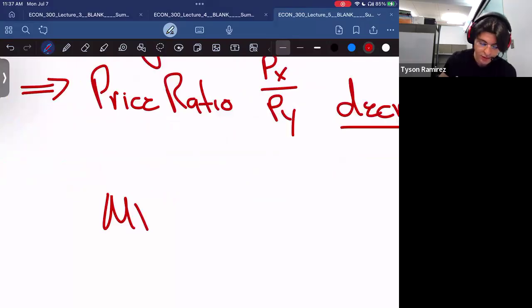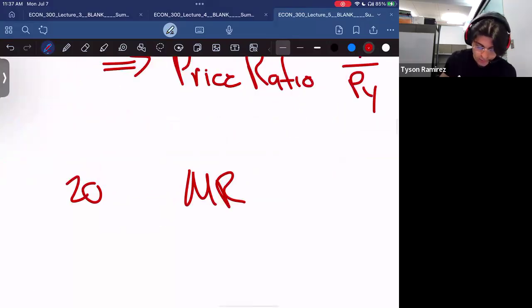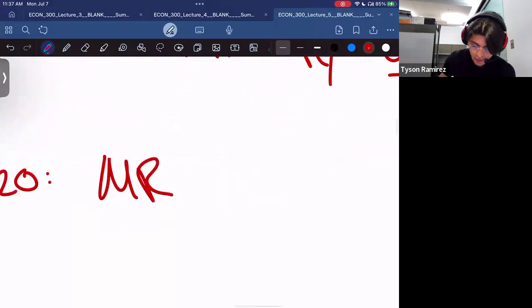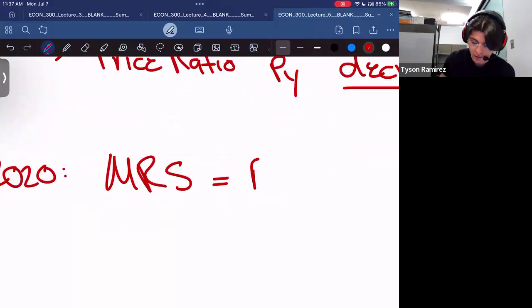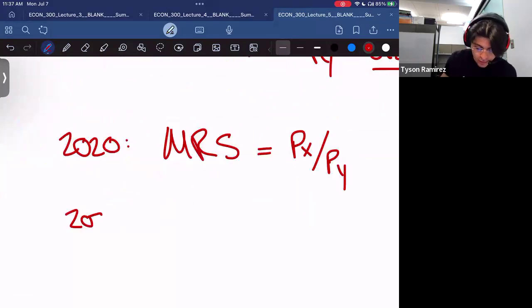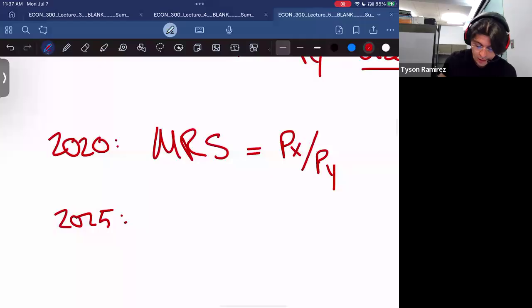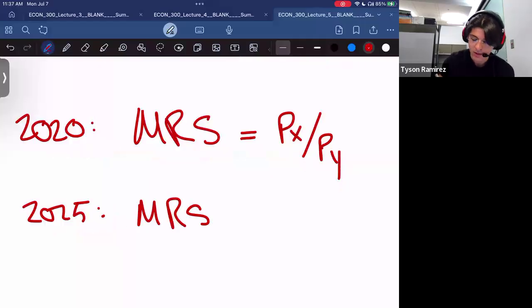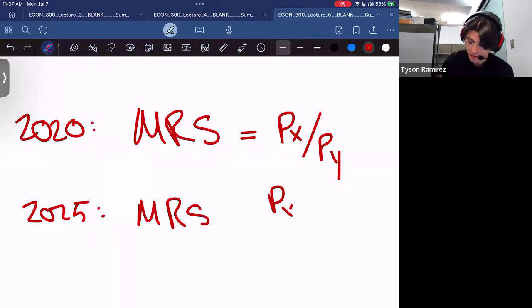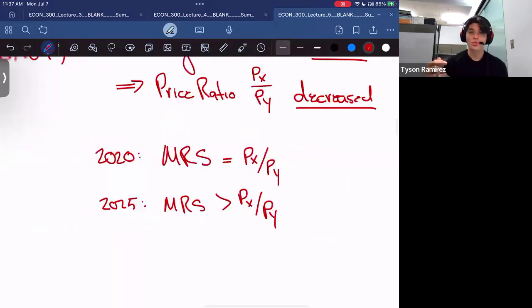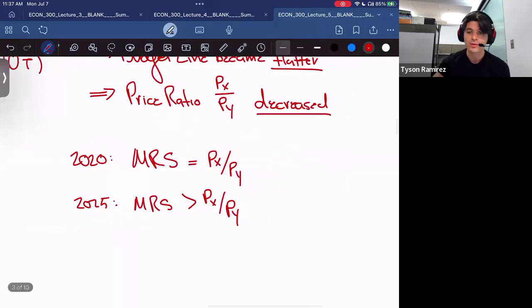Now in 2020, the MRS equaled the price ratio. In 2025, since this price ratio decreased, now the MRS is greater than the price ratio.